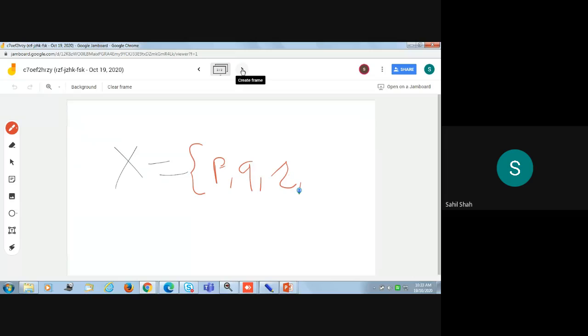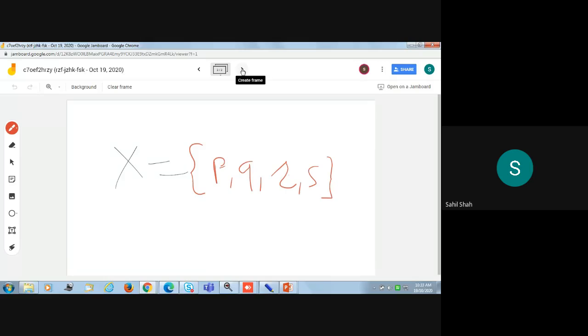Tell me what are the valid partitions of X. So this you are going to write here. Below, any one of you can write. And there could be a lot of valid partitions. The only thing is it should satisfy 3 conditions. First condition is the partition element should not be an empty set.